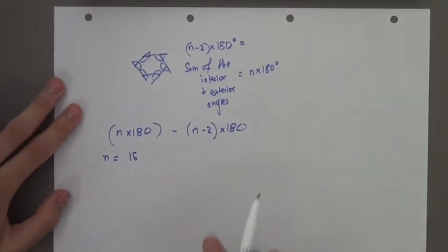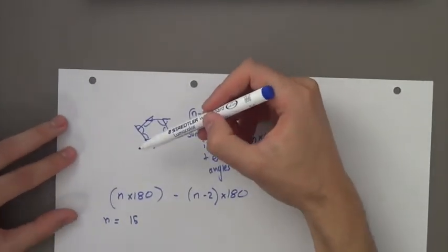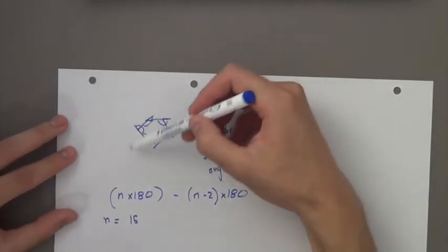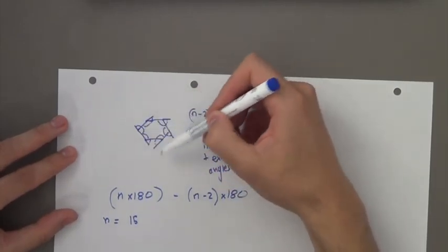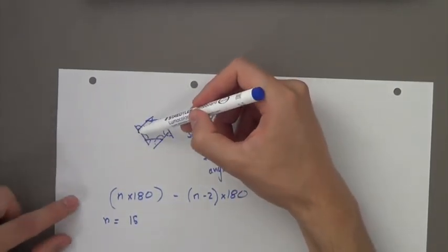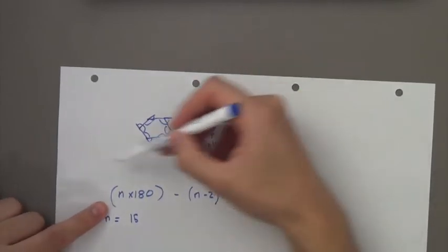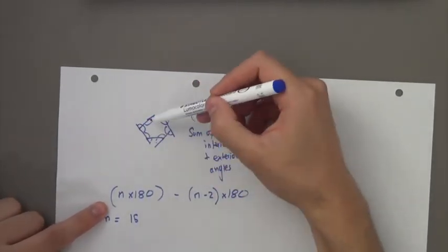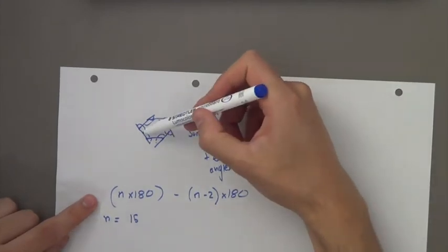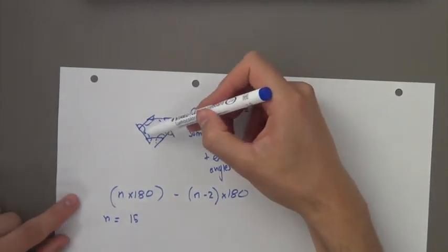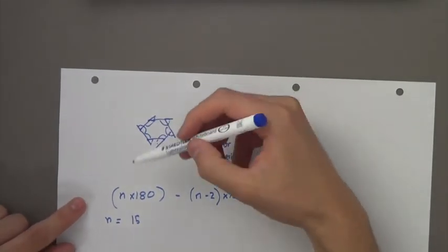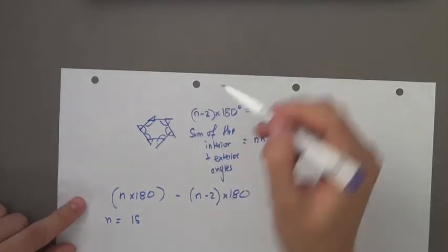Imagine this was a 15-sided polygon. I'm not going to draw it because that's really difficult to draw, but basically we're going to do 15 times 180, which is the interior plus the exterior angles, minus the sum of the interior angles, and that will give us our answer. That will give us the sum of the exterior angles.